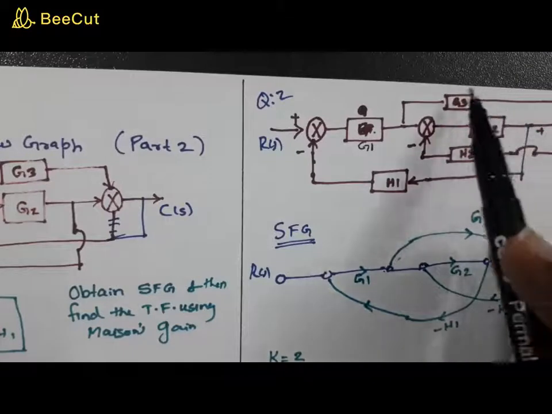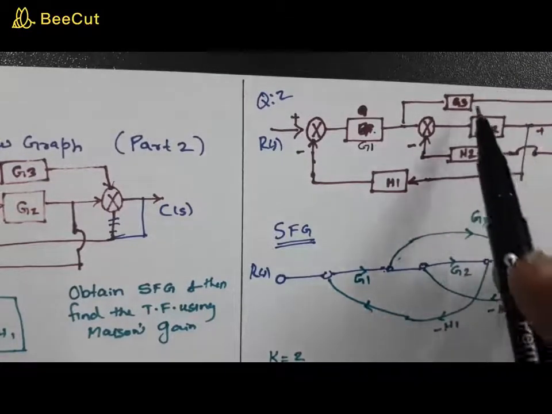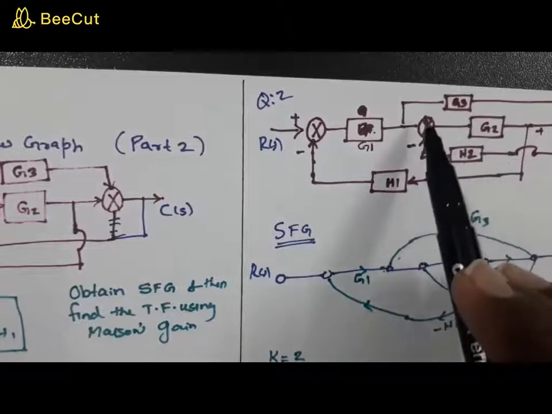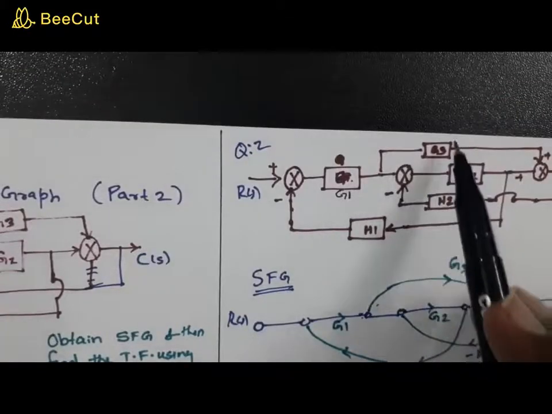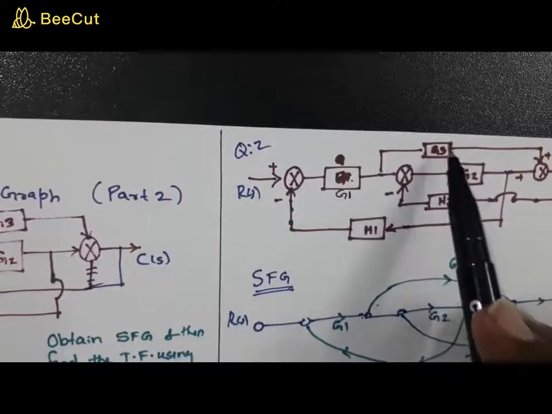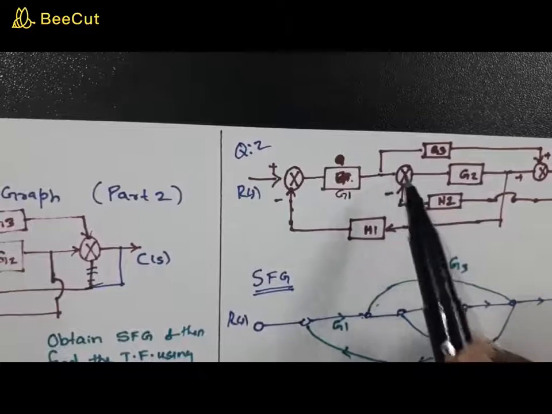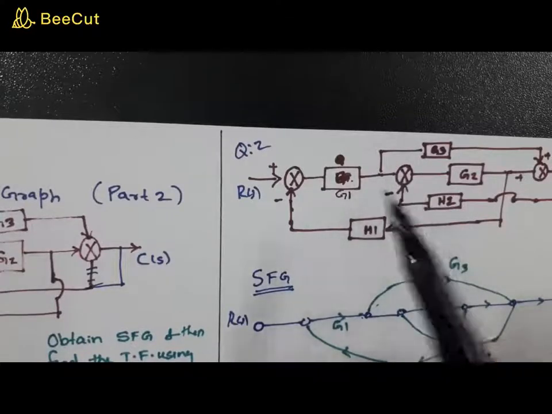So just think of a situation where you can bring this G3 and G2 parallel. Now, as in this figure, this is not parallel. And what is the hindrance for these blocks to be parallel? It is a summer. So think in this line to split the adder.